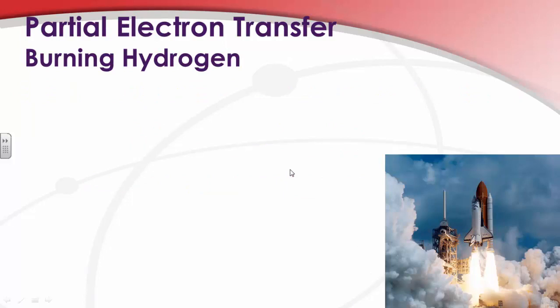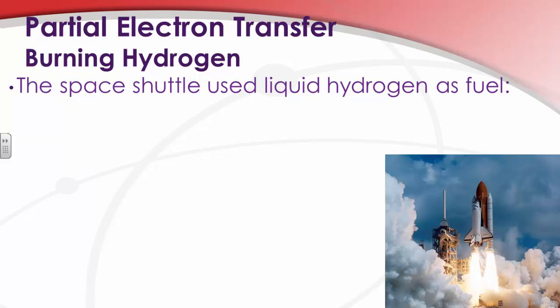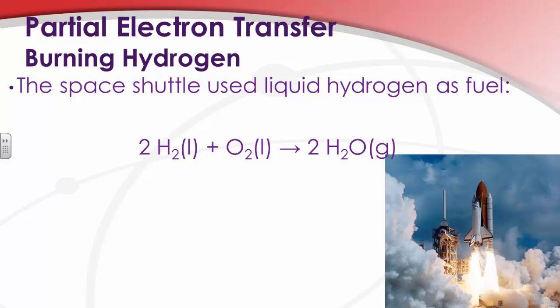So let's take a different kind of example, combustion. The space shuttle used to burn hydrogen as fuel: liquid hydrogen reacting with liquid oxygen to form water. Again, we have elemental form for both of these, so they're going to have an oxidation number of 0.